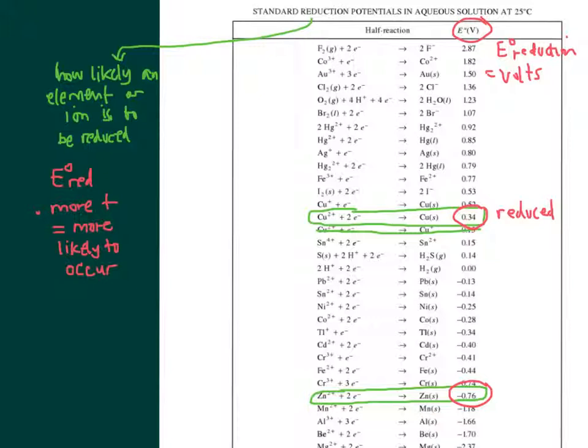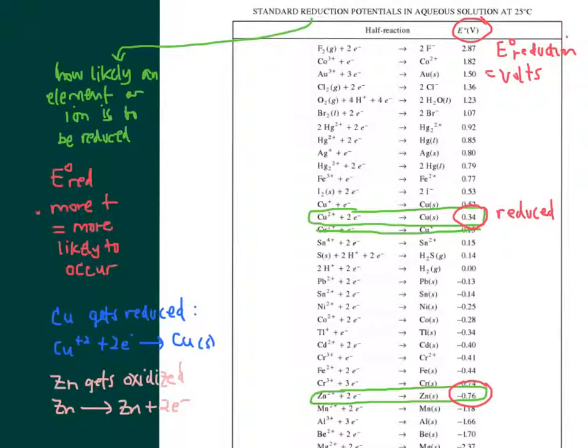So in my electrochemical cell between copper and zinc, electrons are going to flow to the copper, and copper gets reduced, and there's its reduction reaction, which I just copied right there.